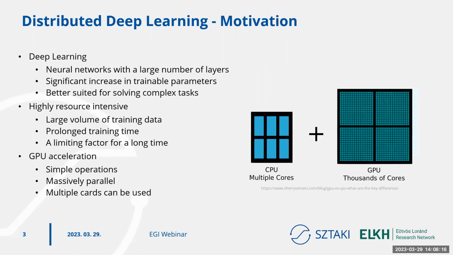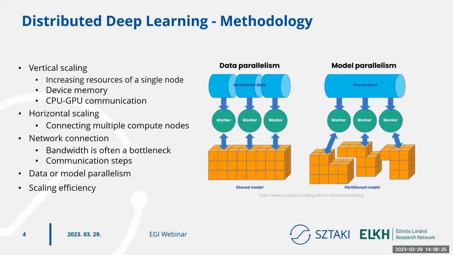We can also connect multiple of these cards together. For example, we can have 8 GPU cards within a single machine. When we increase the resources found within a single computing node, we talk about vertical scaling. Of course, this has its limitations. We cannot just keep adding and adding more and more GPU cards to the same compute node.